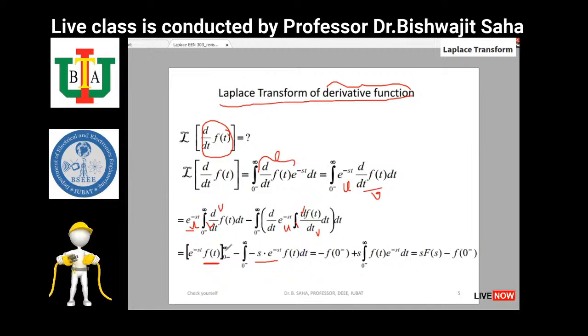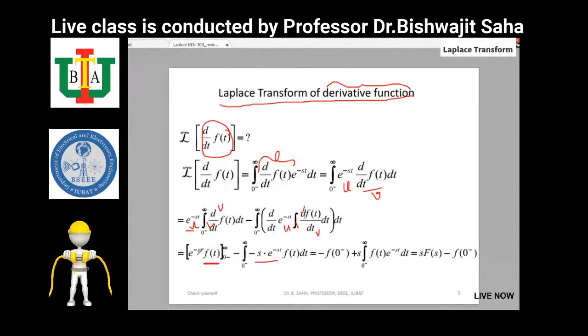After that, putting the infinity limit, it becomes e to the power minus s infinity, and e to the power minus infinity is always 0. So we only get the 0 minus term. If you put 0 minus in e to the power minus st, it becomes 1.